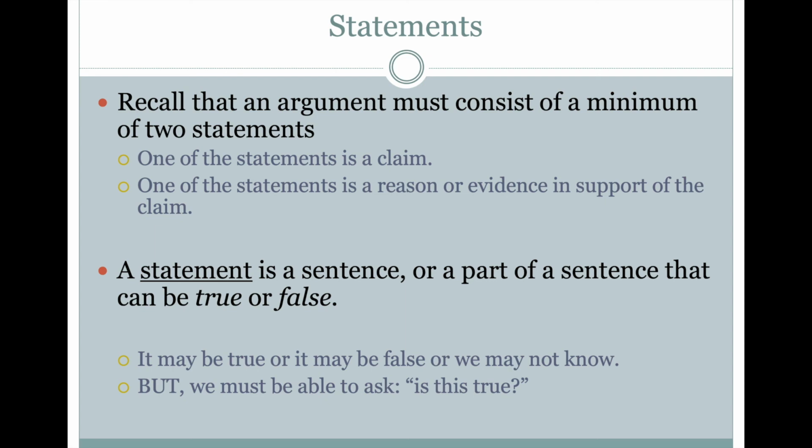It's obvious, it's observable, it's factual, it's already widely considered to be true, so it can function as evidence. But in both cases, those are statements, and we can say about them, both the claim and the evidence, is that true? Maybe with the claim, we don't accept it as true yet, but we're more likely to accept it once we understand what the evidence in support of it is.